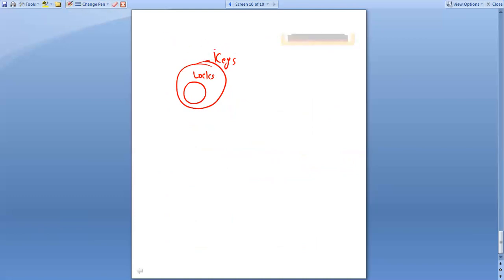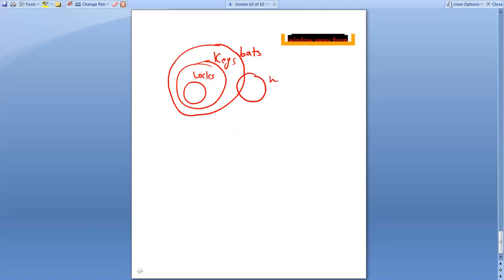So the set of keys is contained in the set of bats. Some watches are bats. So draw the set of watches as an overlapping set with bats, but it should not get connected with keys or locks. Only bats and watches are connected.